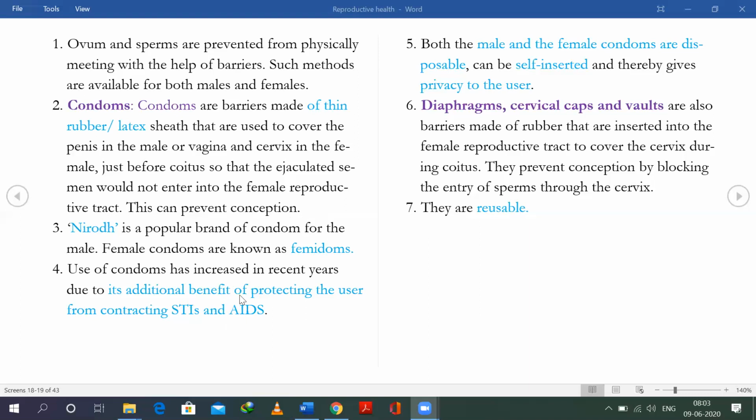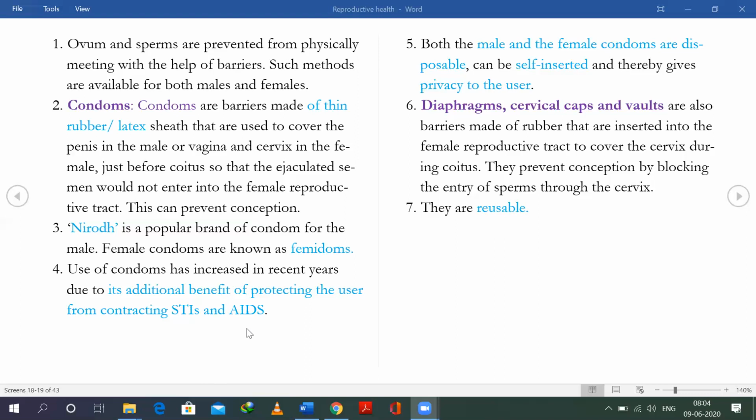The next one, an important question for the NEET exam, is: which of the following contraceptive methods will have an additional benefit? They'll give you various options. The additional benefit of using the contraceptives called barriers is protecting the user from contracting sexually transmitted infections as well as AIDS, right?